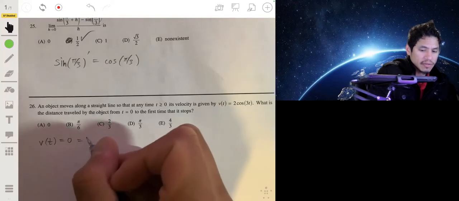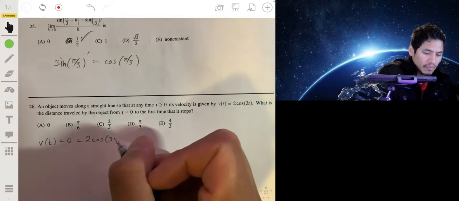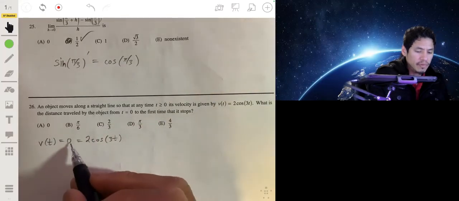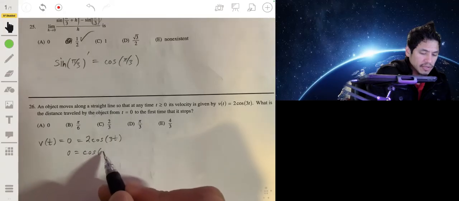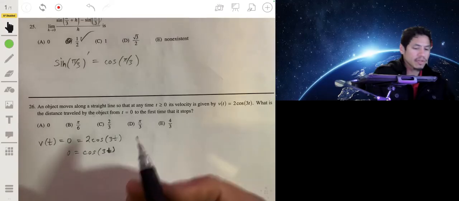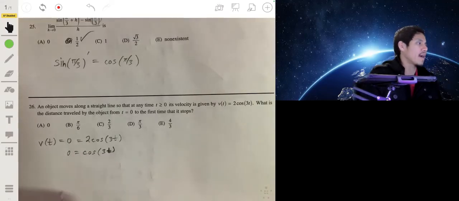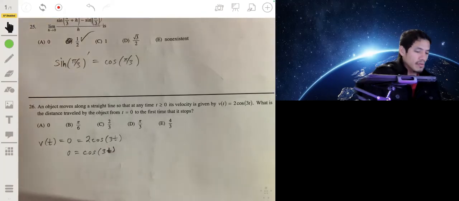So we set 2 times the cosine of 3t equal to 0. So this is the same as 0 equal to the cosine of 3t. Using our trig knowledge, we know that the cosine is 0 at pi over 2, 3 pi over 2, and so forth.